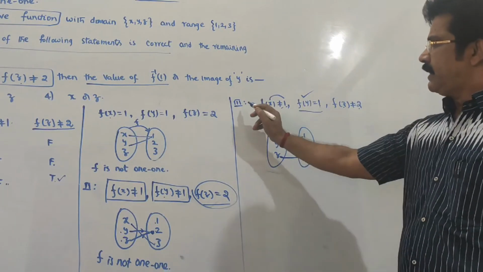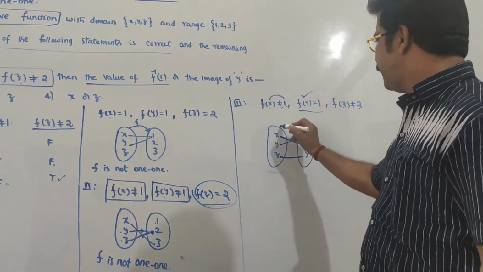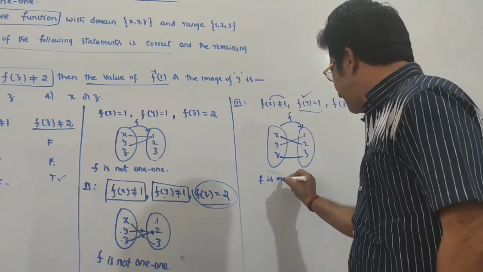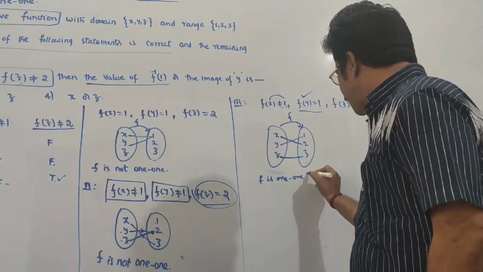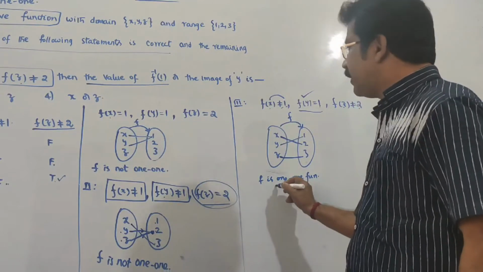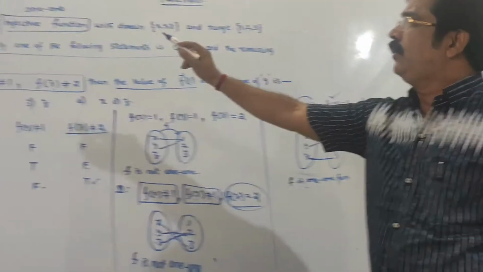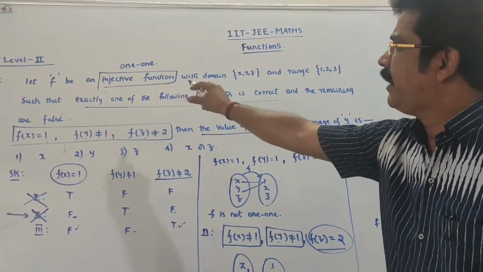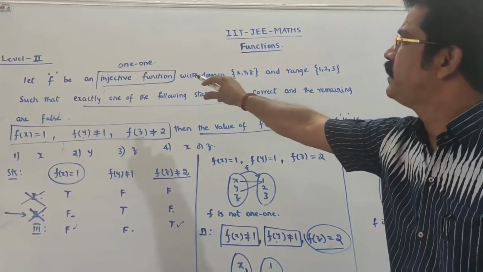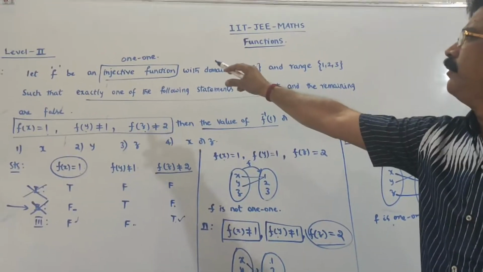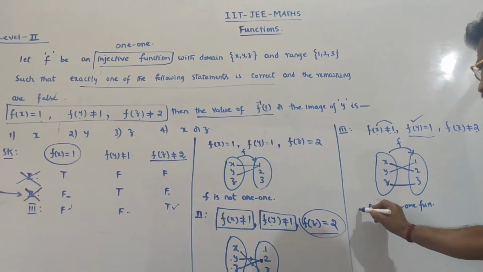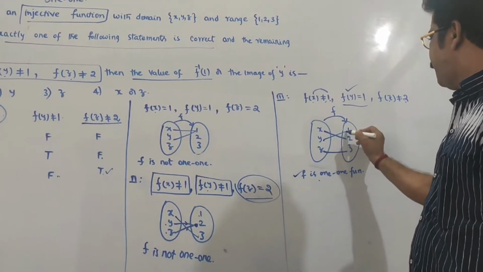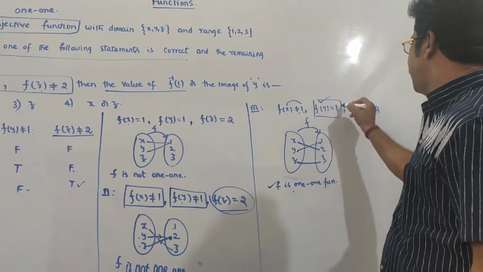So in the third case, clearly we see that f is a one-one function. Therefore there is no loss of generality. The given hypothesis is that f is an injective function or one-one function. So it is the suitable case. Here y is mapped with 1, therefore this is the right answer.